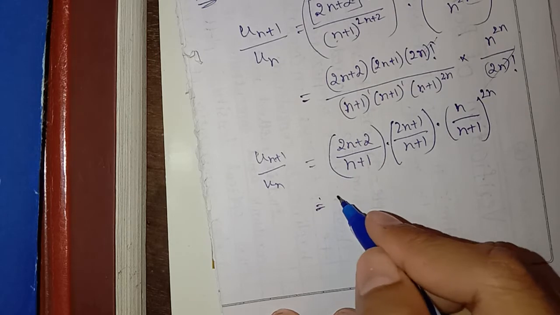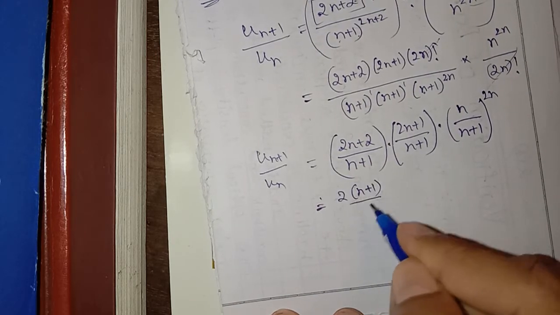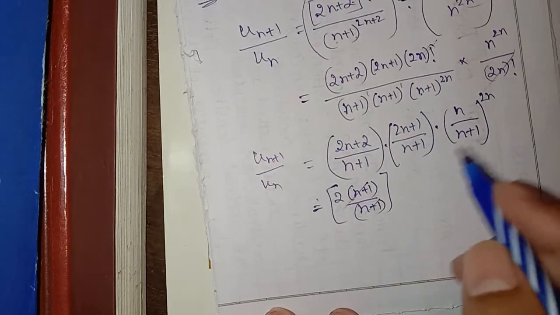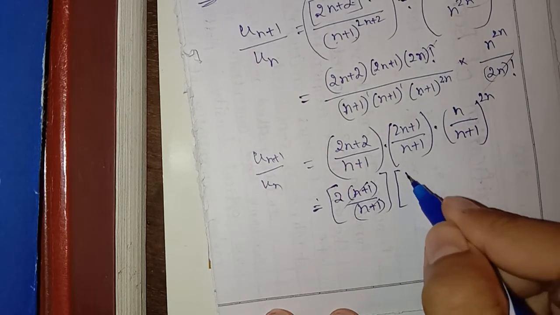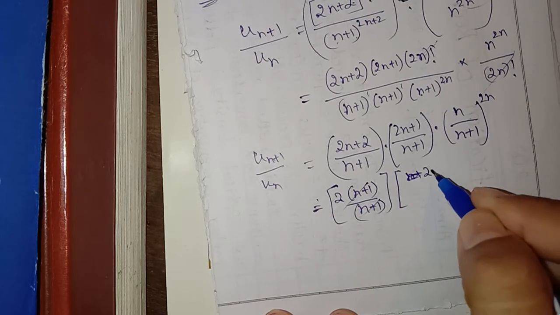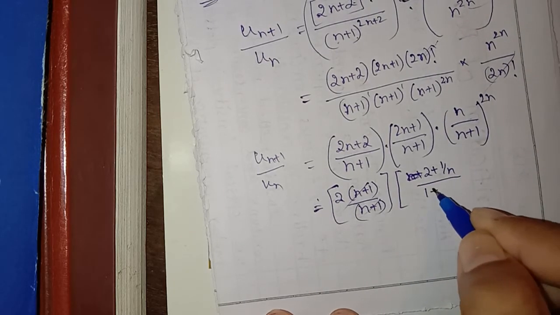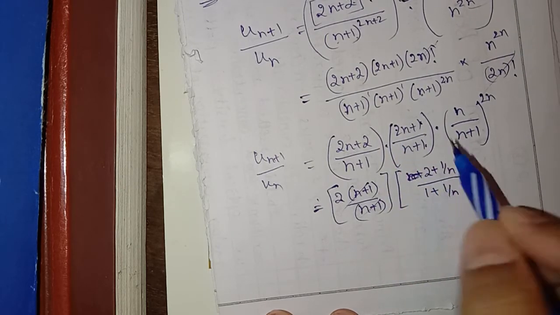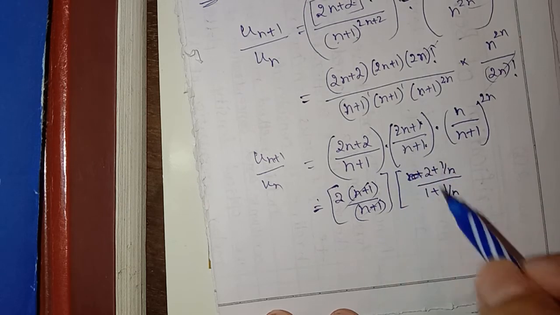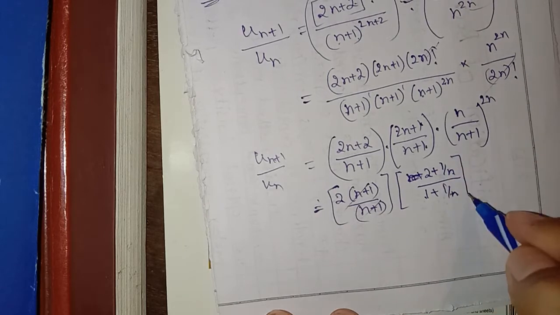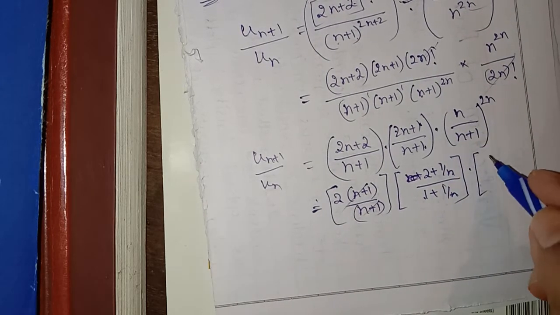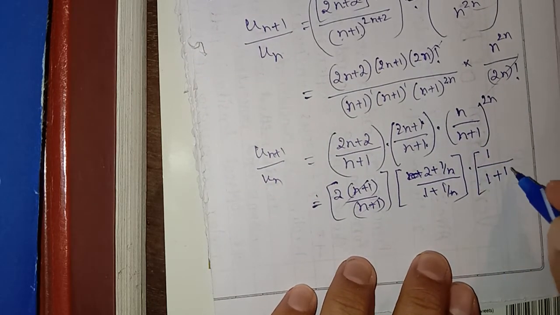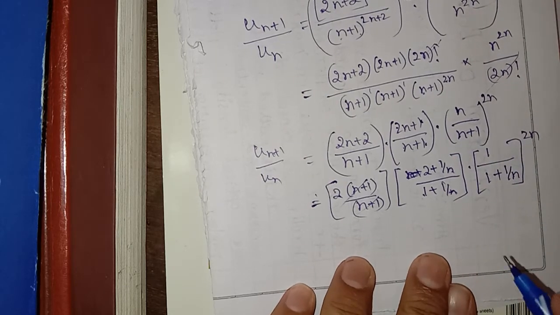Here 2 is common, so we take 2 into (n+1) divided by (n+1); this cancels out and 2 remains. Then we write (2n+1) divided by (n+1) by dividing both sides by n: 2n divided by n is 2, 1 by n stays, n by n is 1, 1 by n stays. Similarly n divided by (n+1) becomes 1 divided by (1+1/n), raised to 2n.